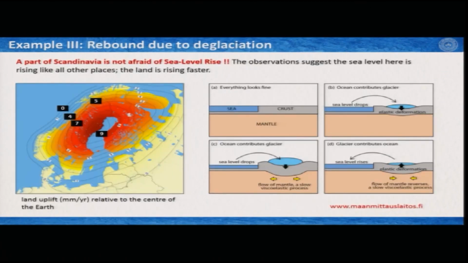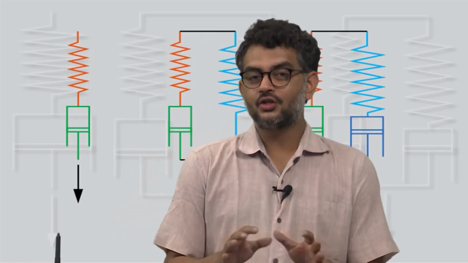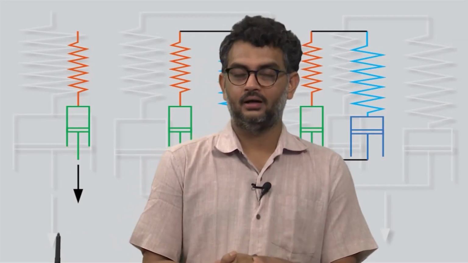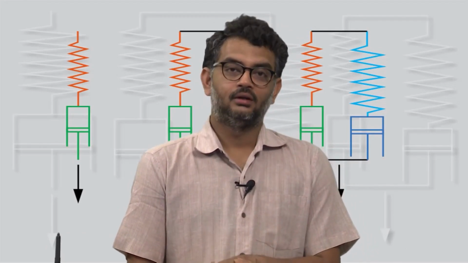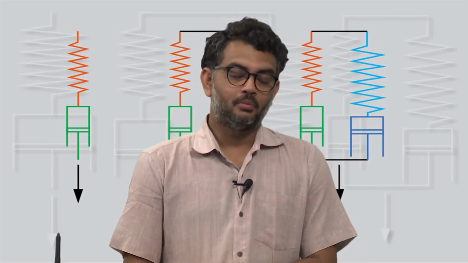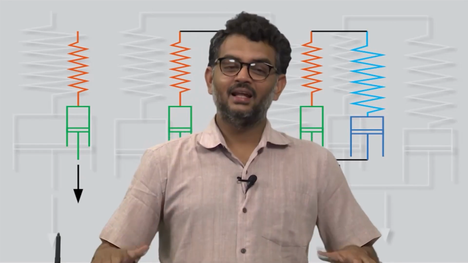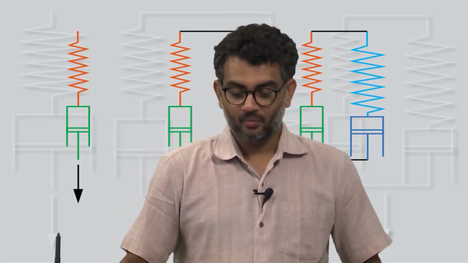The last example that I would like to give is related to deglaciation and rebound due to deglaciation. Now, we know that most of the continents are under the threat of sea level rise, but there is one place in the world where sea level is going down.